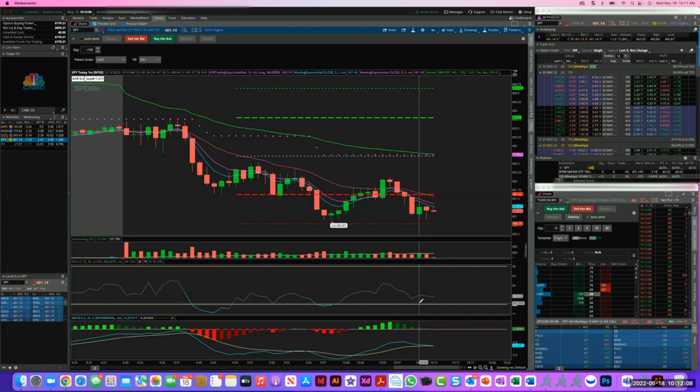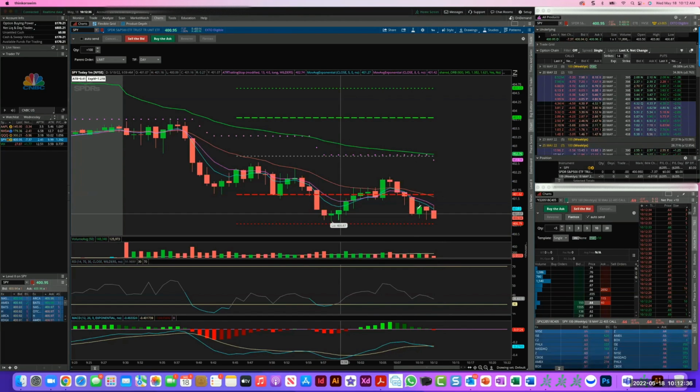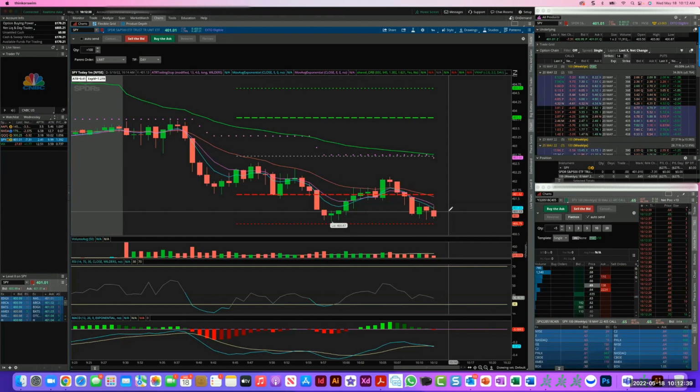If it was green, I would be a bit more comfortable, but it's red, but it's still bullish. Now, if we can move up and make another high, something above 402.12, then that would give us another signal that we are trading in the right direction.